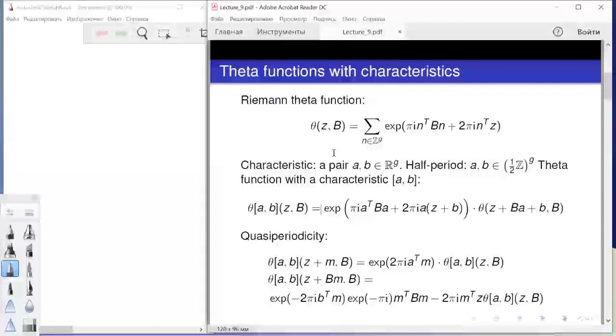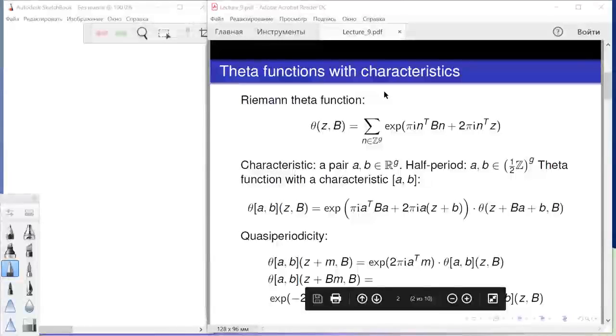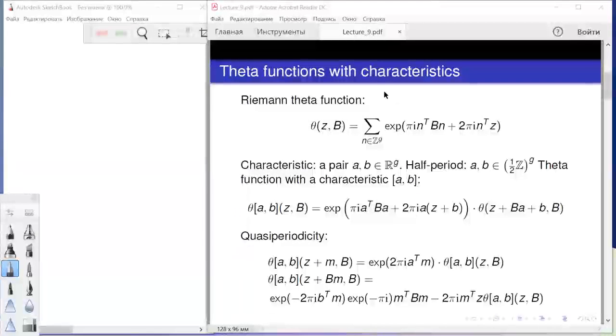We know that Riemann theta function is quasi-periodic, which means that if we shift its argument by an element of the lattice of A periods, it remains invariant, and if we shift by an element of the lattice of B periods, it earns a certain factor.